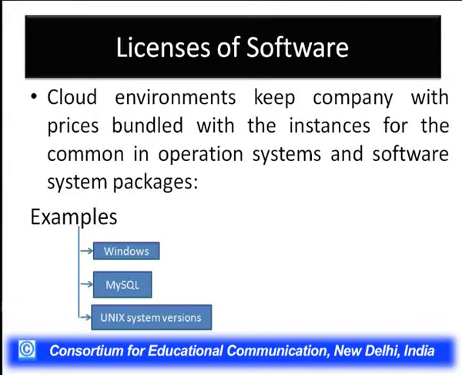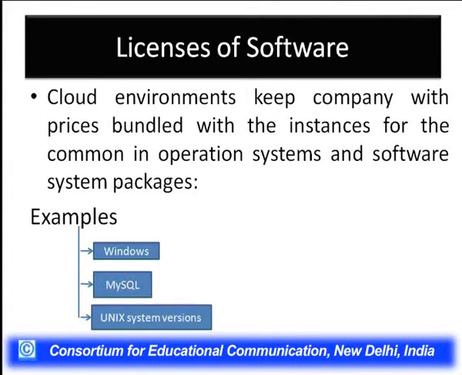So what are these instances? They are the machines which are being provided to you by the service providers. Cloud environments keep the prices bundled with the instances for the common operating systems and software system packages. Just like we saw, there are different costs for different software.